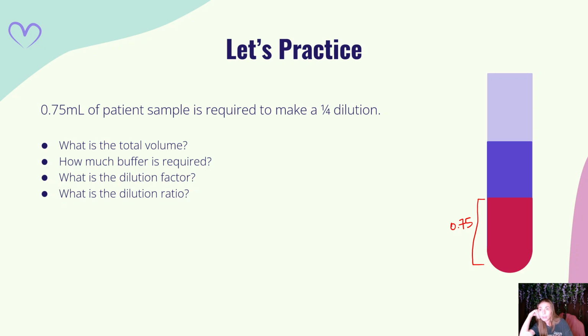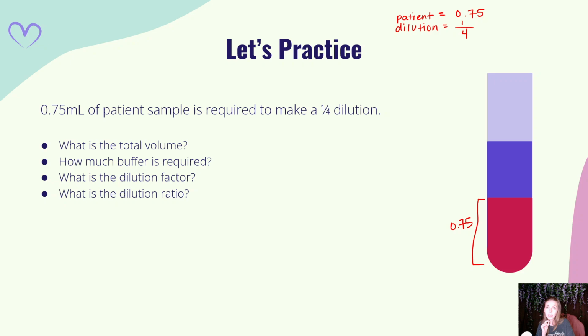So my patient sample equals 0.75 milliliters, and I am required to make a 1/4 dilution. Okay, what is the total volume? How much buffer is required? What is the dilution factor? And what is the dilution ratio?